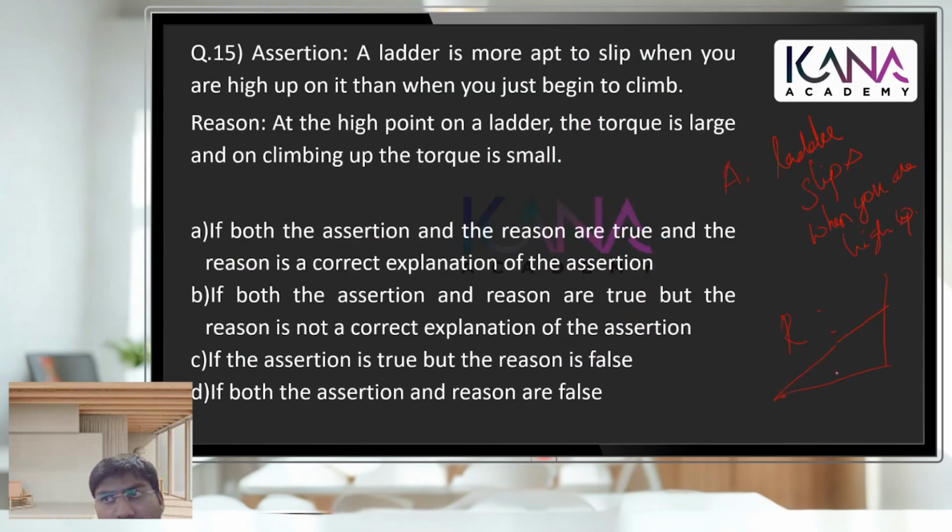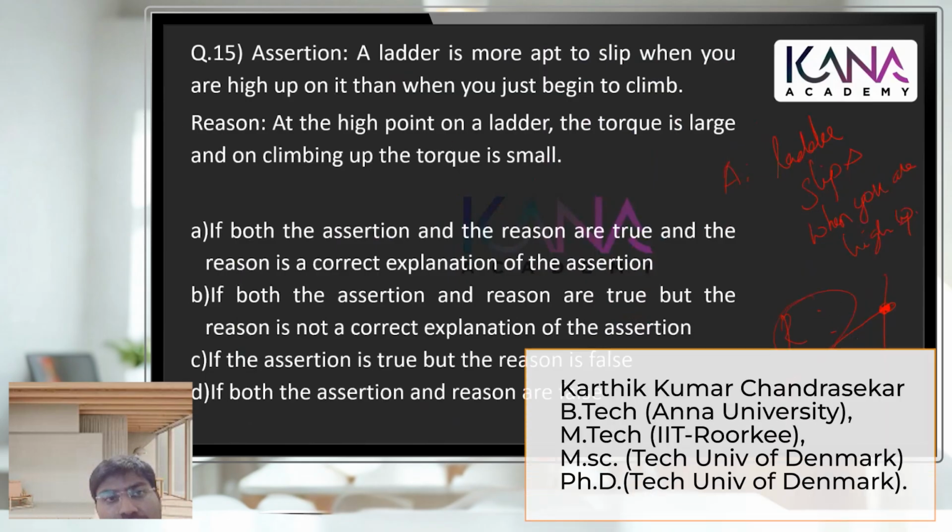So at a high point the torque is large. At this point, the torque is large. While starting to climb up, it's very small. So that's why it slips. This is the actual reason. So the reason is right, and that correctly explains the assertion as well.